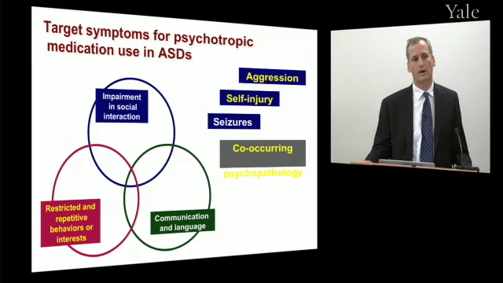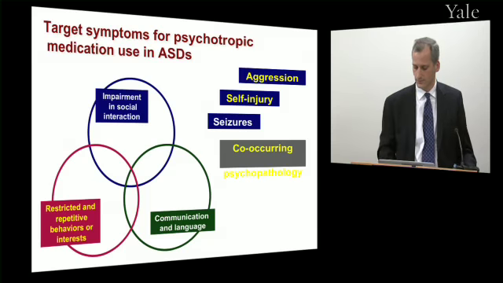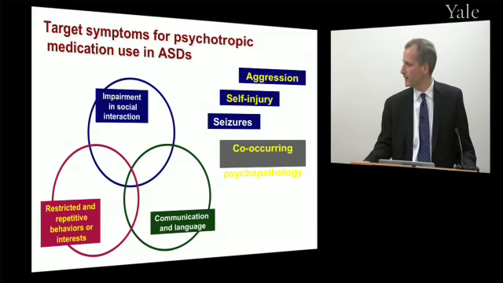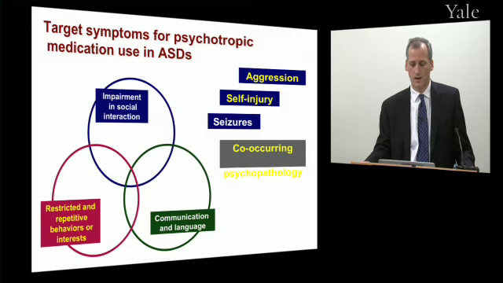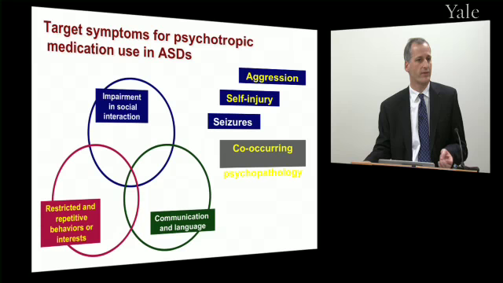But what we do have are medications that can be quite helpful in aggression, in self-injury, seizures, and this is intended to represent the overshadowing of co-occurring psychopathology. The point here being that having autism does not immunize those children or adolescents, young adults from having other psychiatric pathology.